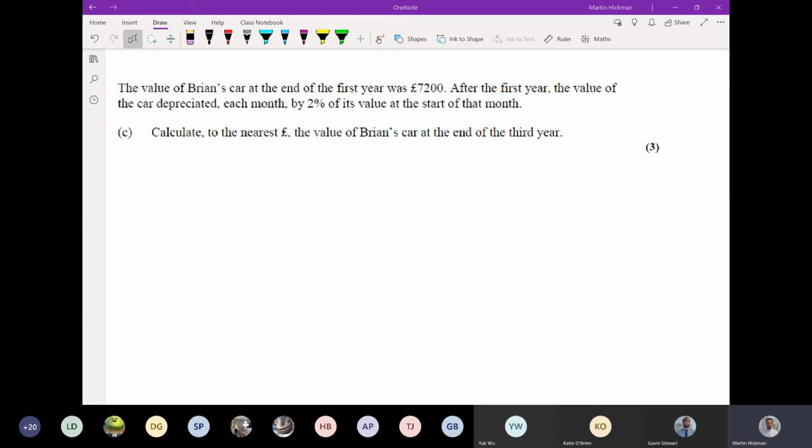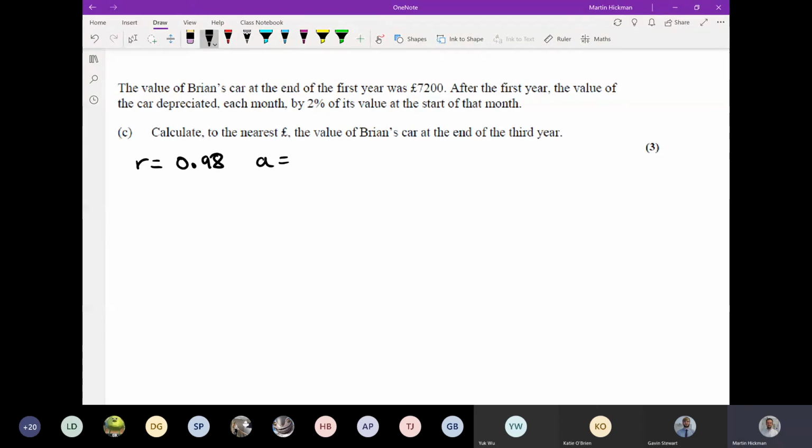Chat, excellent, so you've not fallen for the trap, you've all put 0.98. It's decreasing by 2%, so it's 98% of what it originally was worth. So every time you're multiplying by 0.98.